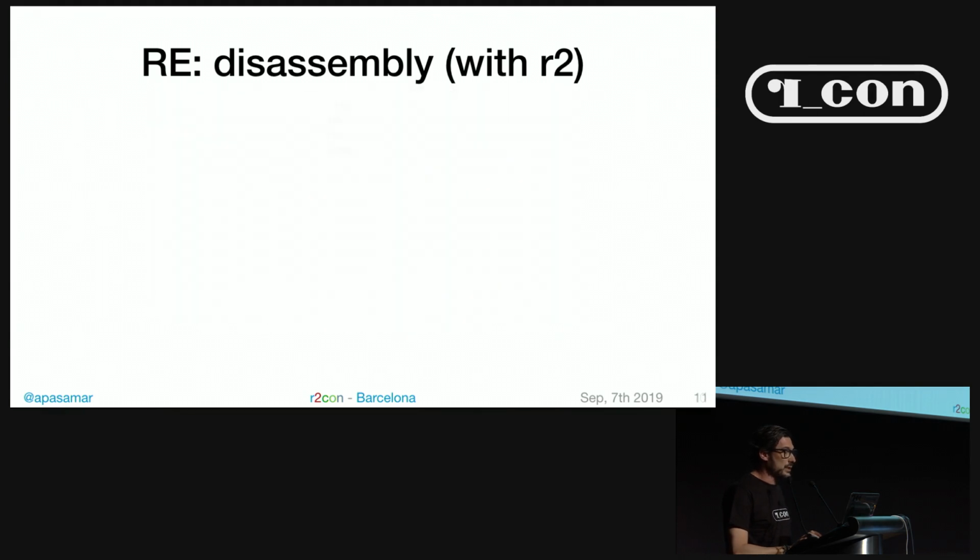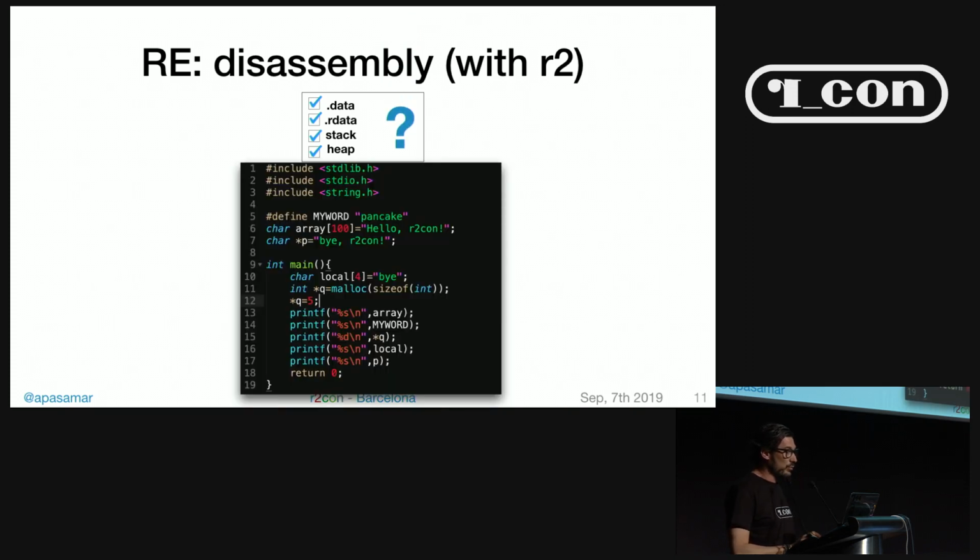For example, let's see this example to know if everybody knows where the data is stored in the different sections of memory. For example, focus only on the string side. This is a constant string. Does anybody know where it is stored in memory? Well, it's stored in read-only data. This other one, for example, any help? Data, okay. This one?